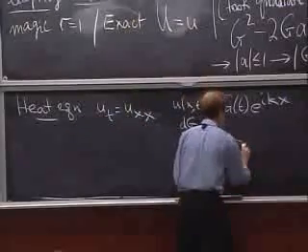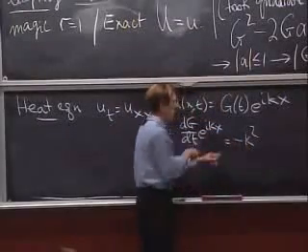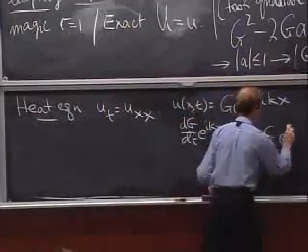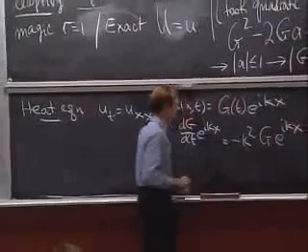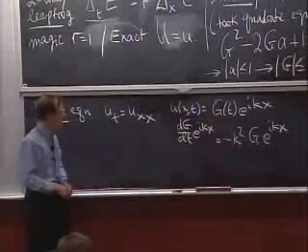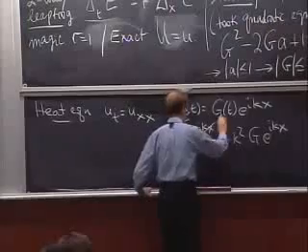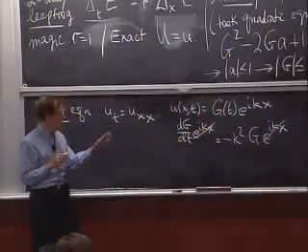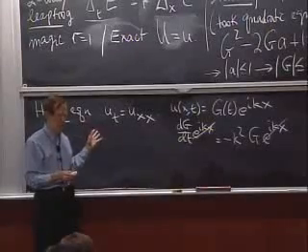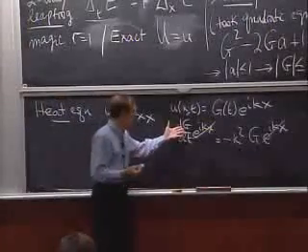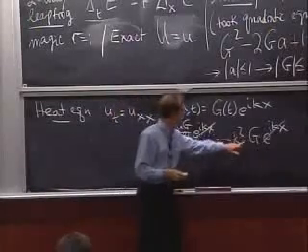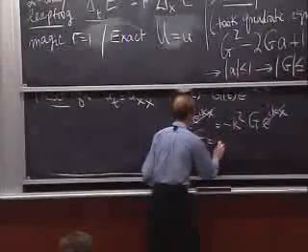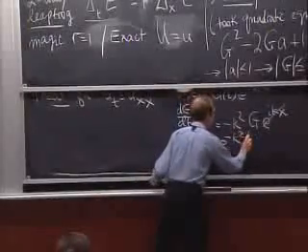So that's minus k squared, i squared giving the minus 1, times g times e to the ikx. And now, of course, I can cancel that, which is never 0. And I've separated out the time part. The g part, dg/dt is minus k squared g. So g is e to the minus k squared t.